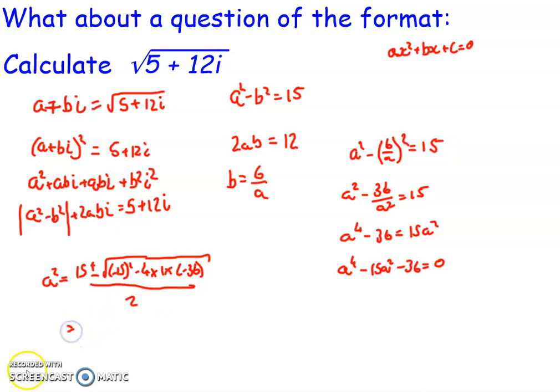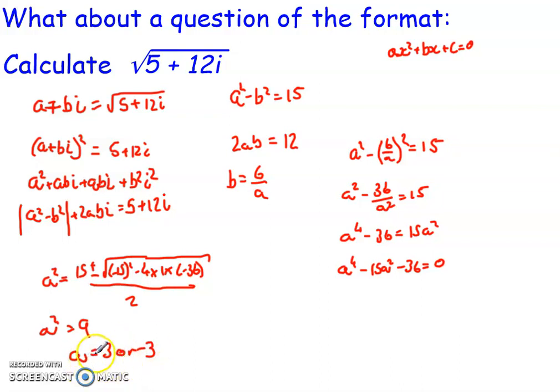And if I simplify all of that, what I end up getting is that a squared equals 9. So if a squared is equal to 9, a is equal to the square root of 9, so it's either 3 or negative 3. Because remember, you've got a positive or a negative square root for it.